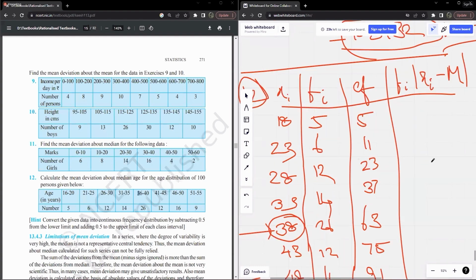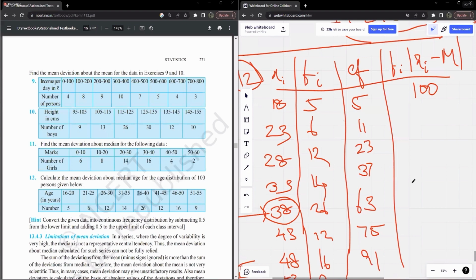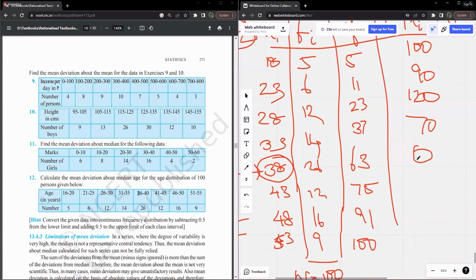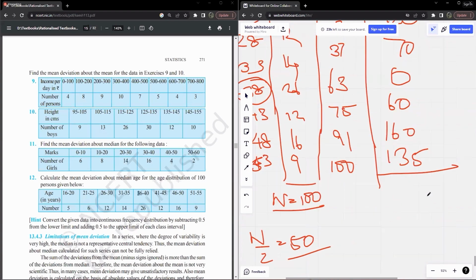You have 14 times 5, that is 70. You have 26 times 0, that is 0. You have 12 times 5, that's 60. 16 times 10, that's 160. And then 9 times 15, that is 135. The summation of which is going to be 735.